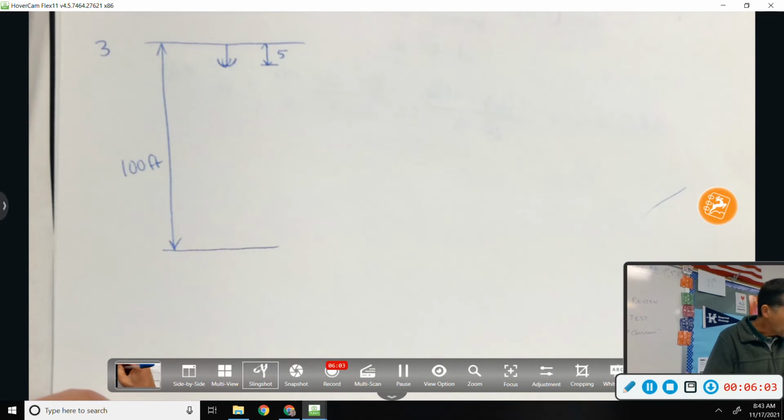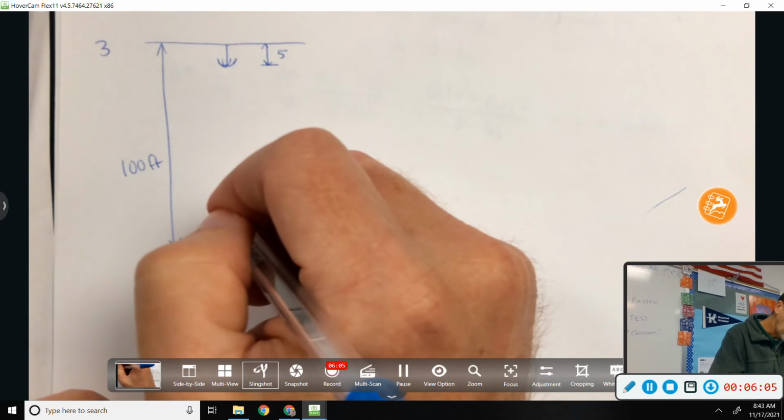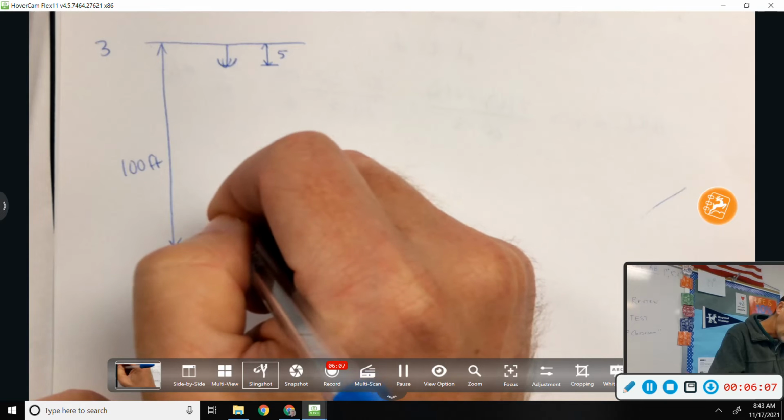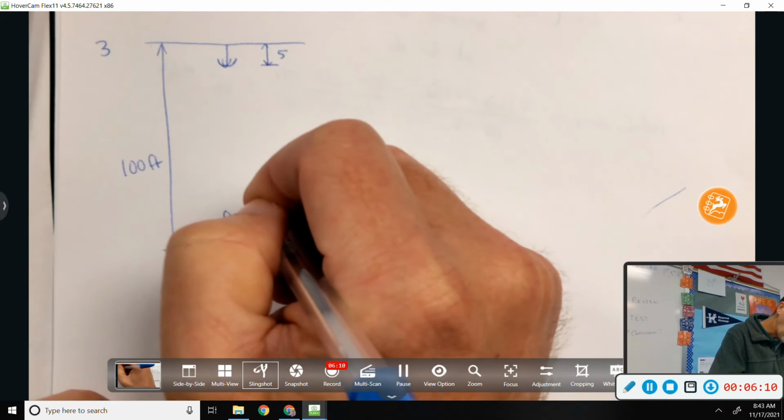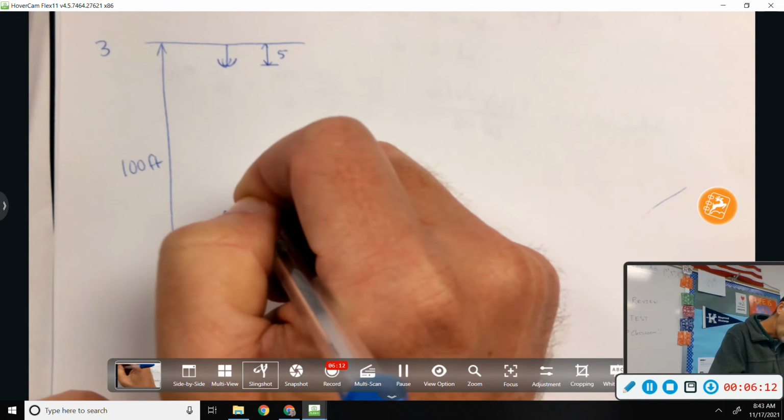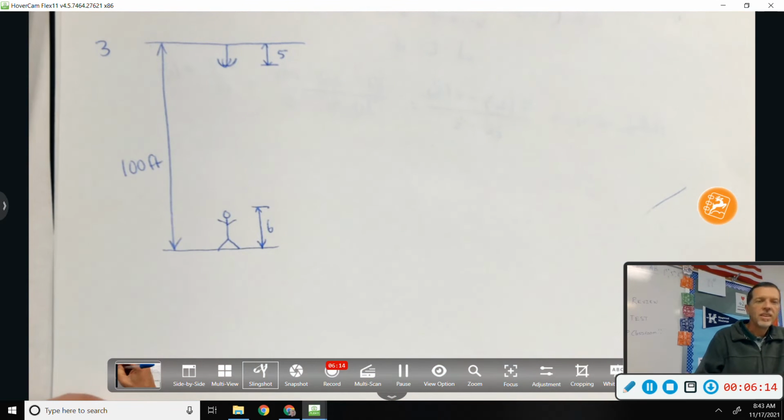And you are 6 feet tall, standing directly under the chandelier. How long do you have to get out of the way? Not long.